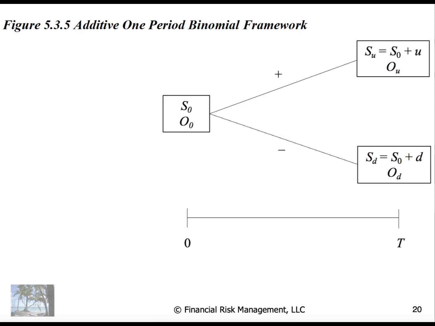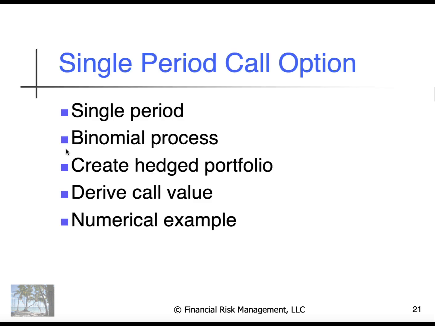The difference here in the 1 period model, if you'll notice, if up occurs, the way we're going to model this is U is the dollar increase in the stock price. And D is the dollar increase if the down arc occurs. And so D could be negative, U could be positive, but the key is U is greater than D.